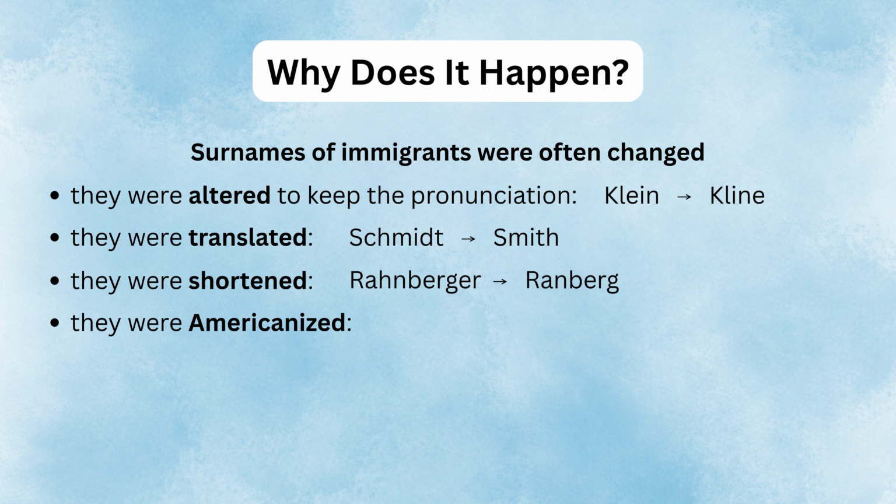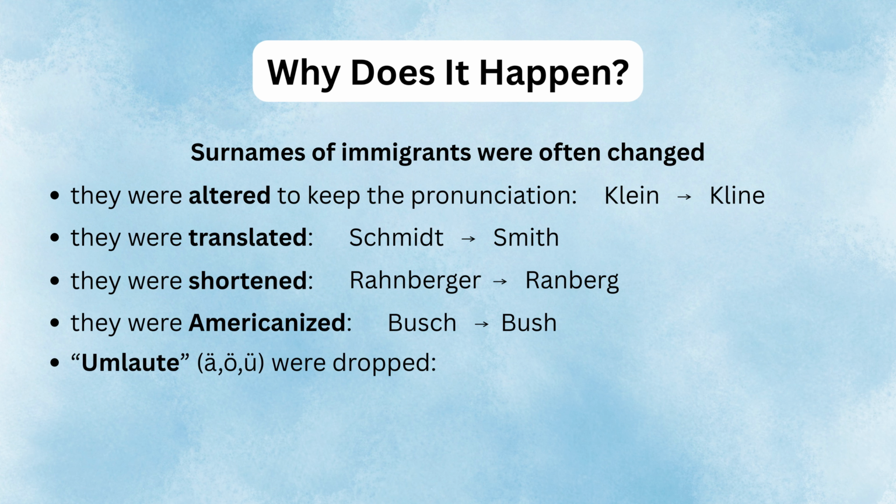They were Americanized, for example, Bush to Bush without the C. And the umlaute were all dropped. So Müller with the U and the 2 dots were changed to the spelling with UE or simply Muller, or Jäger was changed to Jäger with a W to keep the pronunciation and to drop the umlaut.